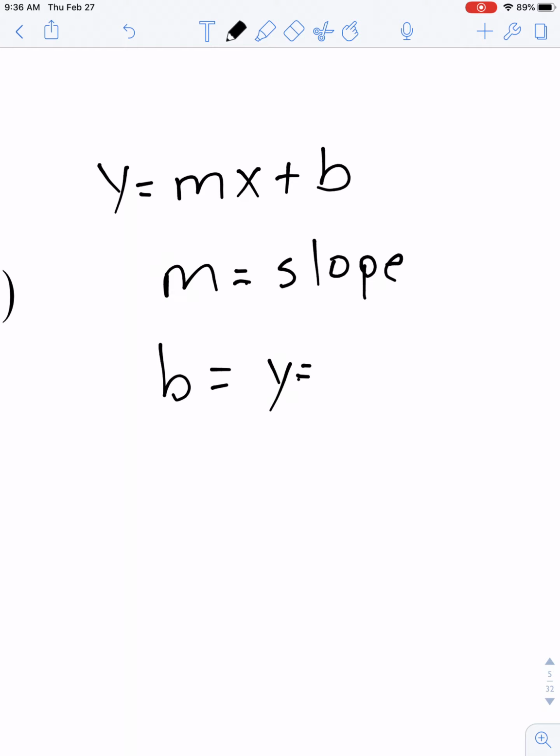So the y-intercept is what b stands for. And so if you notice, when an equation is written y equals, slope is always the number right before.